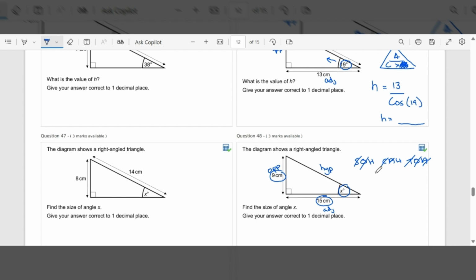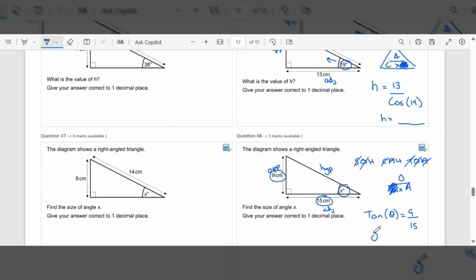It's not what the question's asking for. So here we're using TOA, but we're trying to find the angle. And it's the sin, the cos, and the tan that link to the angle. Therefore, that's what we're covering. So we will write tan, could call it x, I like to call missing angles theta, equals O, which is 9, divided by A, which is 15.